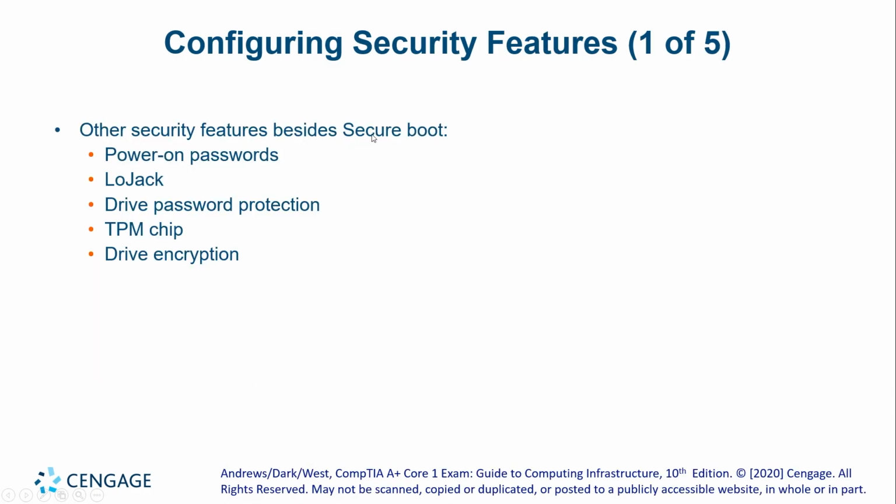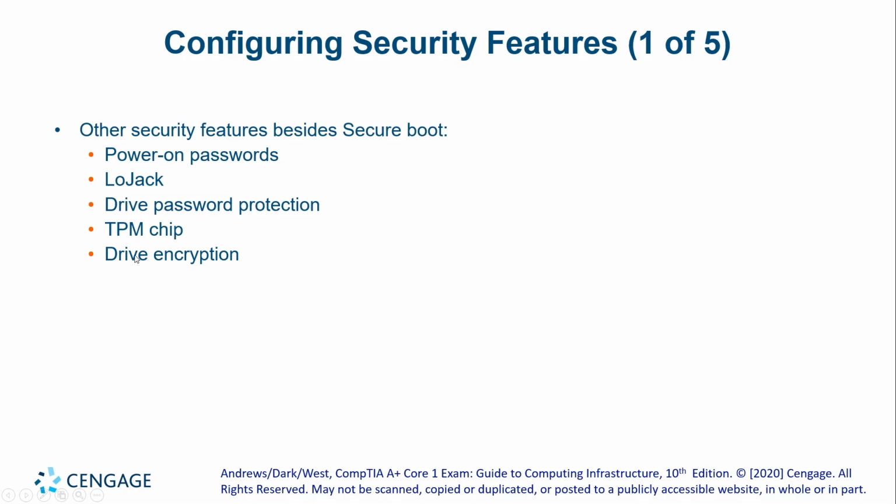Other security features besides Secure Boot, you can have power on passwords, which means you turn it on and the BIOS asks for a password before it will continue to boot. LoJack, if your computer is stolen, it will broadcast its location on the internet every time it's booted up. Drive password, if you don't want people accessing the drive, you just want them to use network storage, for example, you can password protect the drive.